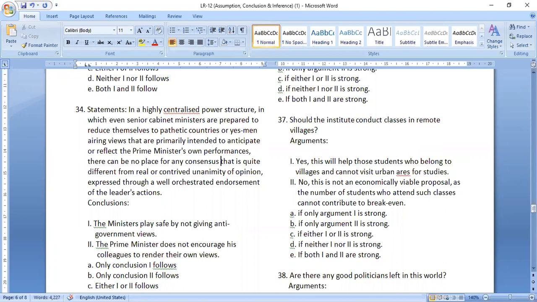There can be no place for any consensus that is quite different from real or contrived unanimity of opinion expressed through a well orchestrated endorsement of the leader's action. Therefore, the ministers play safe by not giving anti government views, or therefore, the Prime Minister does not encourage his colleagues to render their own views.